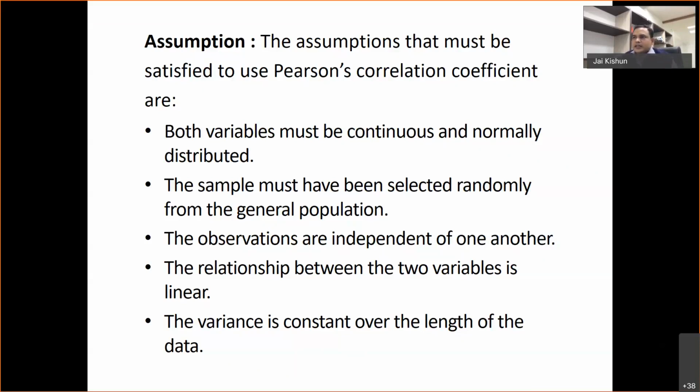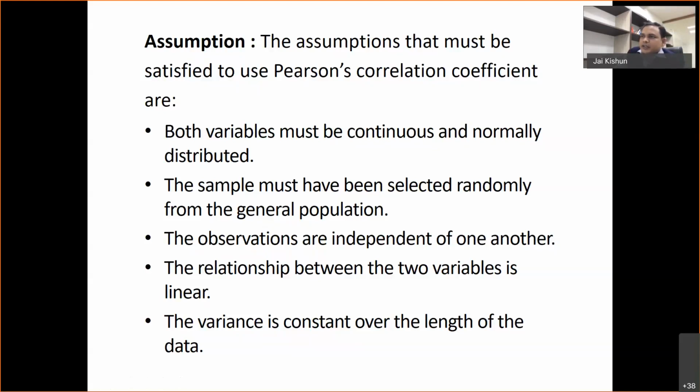The assumptions to estimate the Pearson correlation coefficient are: both variables, X and Y, must be continuous, on a metric scale, meaning both are quantitative variables, and both should be normally distributed.